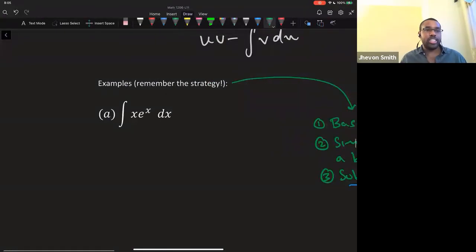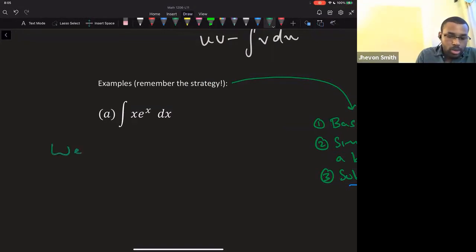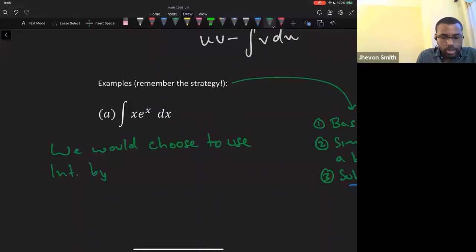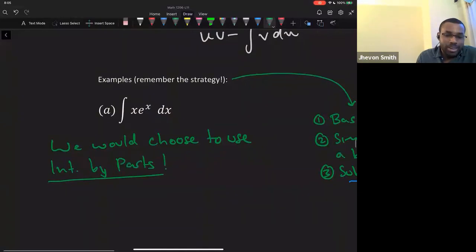So how would this actually work? We would choose to use integration by parts here. Now that you know to choose that you want to use integration by parts, how do you get the parts?